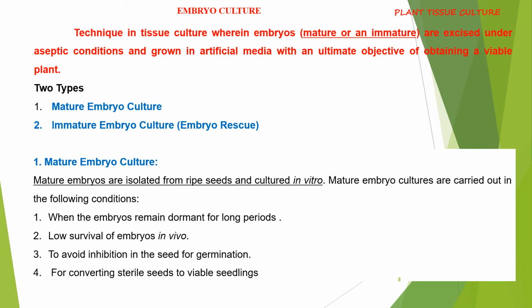It could be due to certain chemicals in the seed or due to mechanical resistance. In certain cases, the embryos have a low survival rate in vivo. In such cases, too, mature embryo culture has helped in getting viable plants.